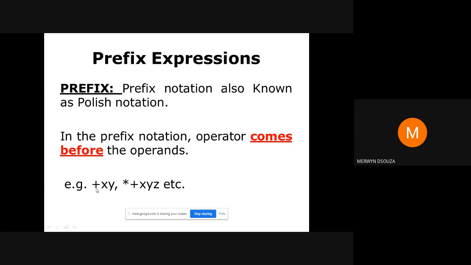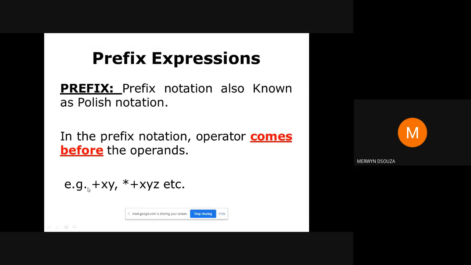Whenever you see the operator placed before the operands, that expression is known as a prefix expression. Similarly, there is one more example here: the multiply sign followed by the plus followed by x, y, z. This is also an example of prefix.